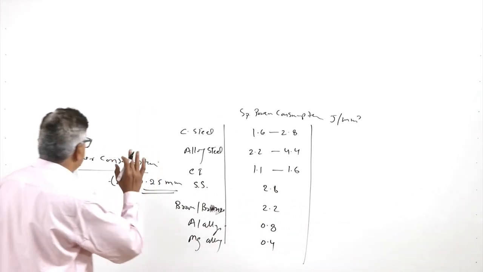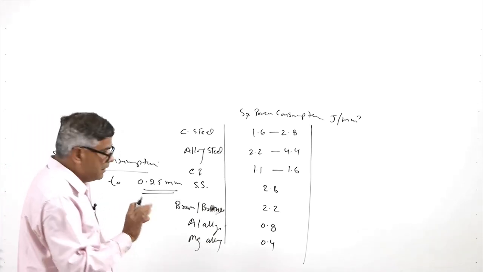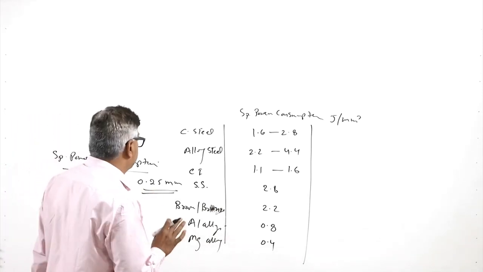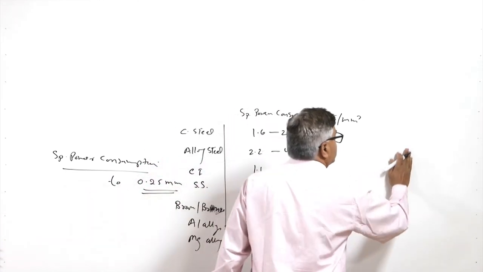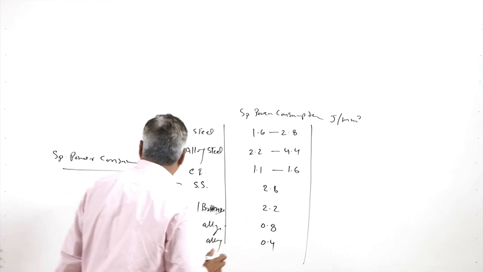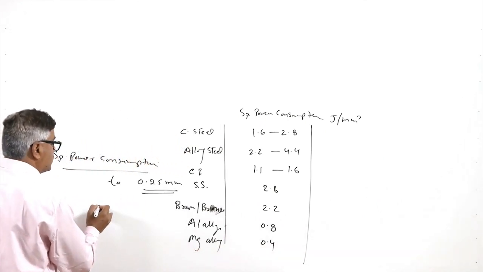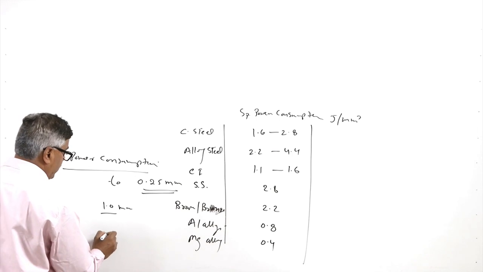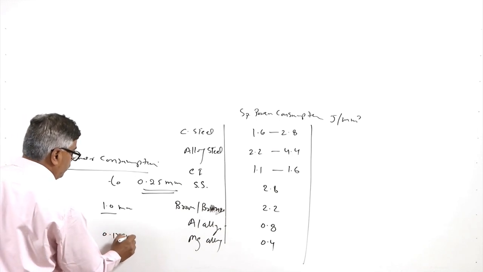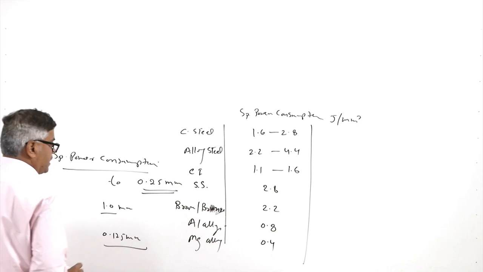Since the specific power consumption is significantly influenced by the uncut chip thickness or depth of cut, we need to consider what happens when a higher thickness like 1 mm is used, or when a 0.125 mm uncut chip thickness is used.